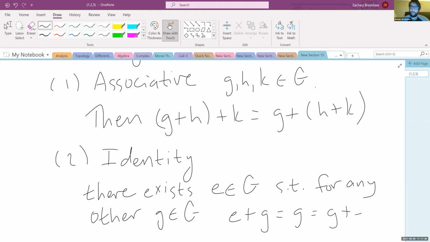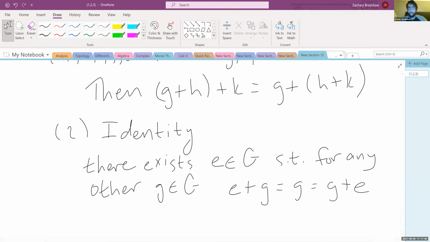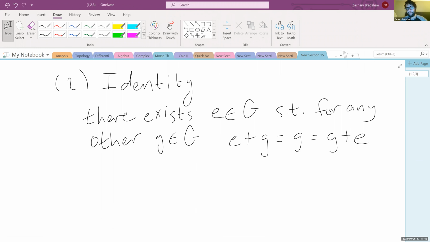And we can also do it the other way, g plus e. So if your group is the integers, then under addition your identity is going to be 0. If your group is the real numbers except for 0, under the operation of multiplication, then your identity is going to be 1, right? Because 1 times anything will just give you whatever the other thing is.